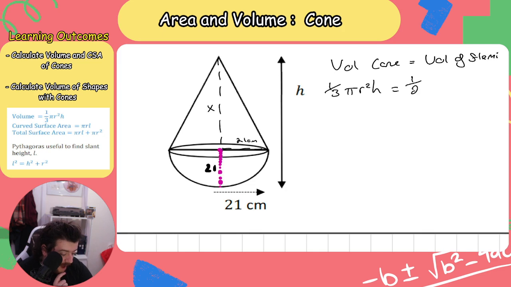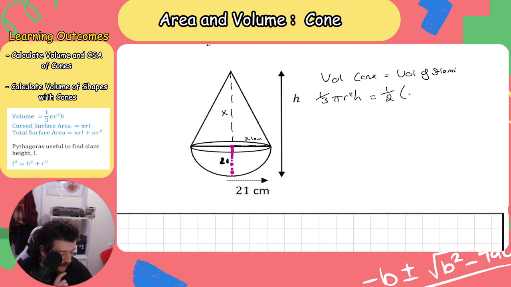So 1/3 πr²h is equal to the volume of the hemisphere, which is half times the volume of a sphere, 4/3 πr³. In this case, r is going to be 21 and my height is going to be x. So I'm left with 1/3 π times 21 squared times x is equal to 2/3 π times 21 cubed.